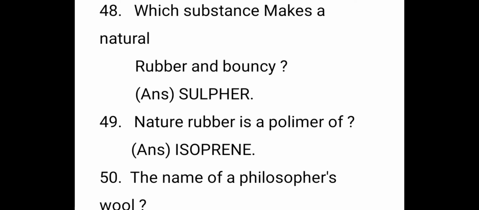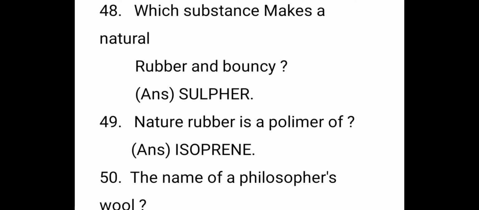Which substance makes natural rubber bouncy? That is sulfur, and the process is known as vulcanization. When rubber is made, it may have some elasticity and hardness, and be less bouncy and soft.